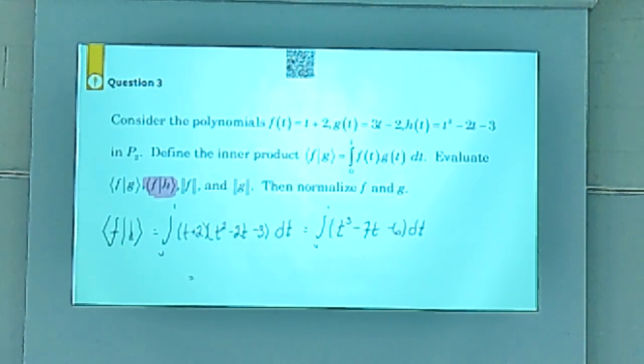What would our antiderivative be? T to the fourth over 4 minus 7t squared over 2 minus 6t. Evaluate that from t equals 0 to 1.